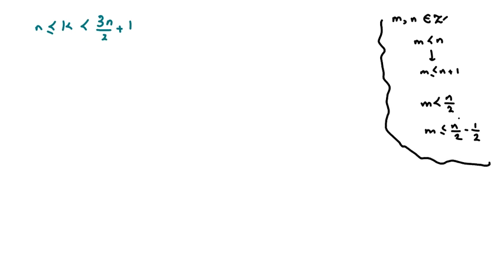For example, when it is n over 3, you can use similar ways. So here, we should consider the case that k is at least this and at most 3n over 2 plus 1 minus 1 over 2. So it will be what? It will be 3n over 2 plus 1 over 2. So for k's between these two numbers, n and 3n over 2 plus 1, we should check them, that is it good or bad.